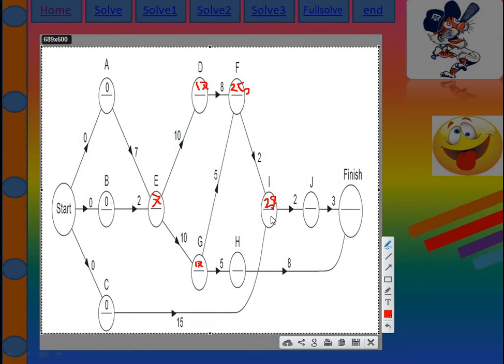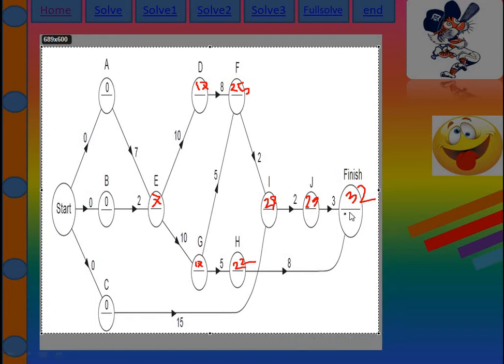Then I to J is 2, so it is 29. Then for finish, G to H has 22 and H to finish is 30, but J to finish is 32. So I take the higher one.